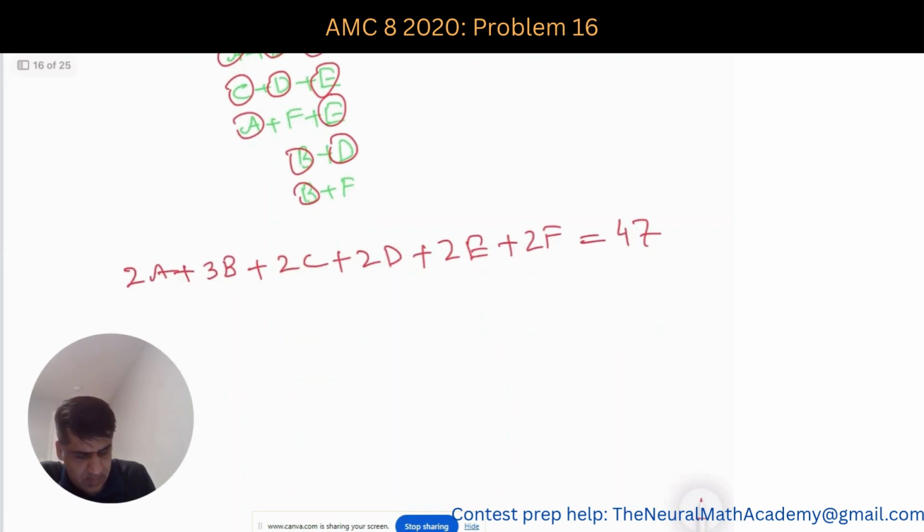And now if I see, other than B's, the rest are all alphabets appearing twice in this sum.